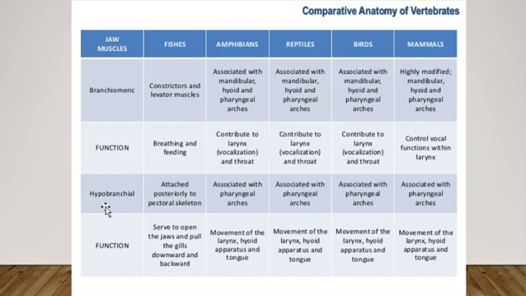Now, how about the hypobranchial? So in jaw muscles, the hypobranchial. In fishes, it is attached posteriorly to the pectoral skeleton. While in amphibians, reptiles, birds, and mammals, it has a similar fate in which it is associated with pharyngeal arches.